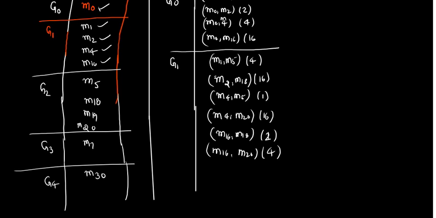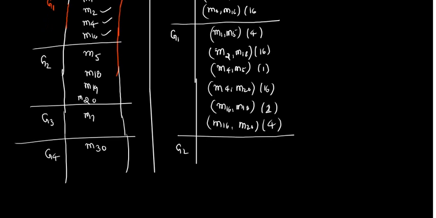Now we have to find out the elements of group number 2. We will start with M5, M5, M7, 2. That is not possible, right? M5 done.